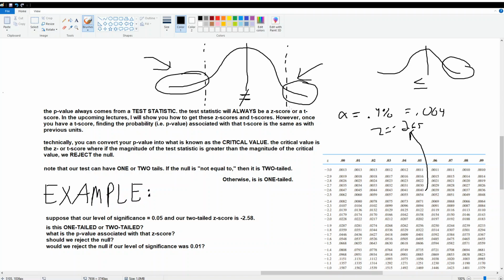Because of symmetry, this is going to be at alpha over 2, because the two probabilities have to add up to alpha. Whereas with here, this whole thing is alpha, so we get it at alpha.